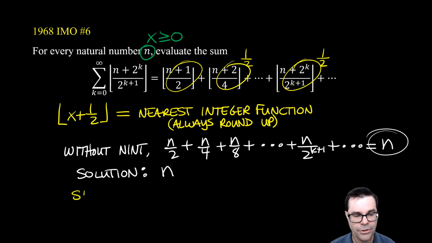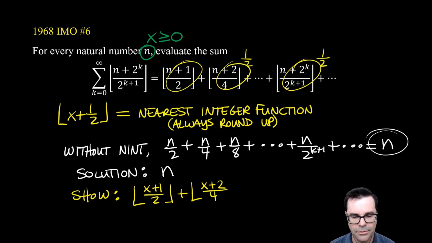Then what I'm going to show is that this sum, if I replace n with x, so that's the floor of x plus 1 over 2, plus the floor of x plus 2 over 4, and so on, does not give me just x.